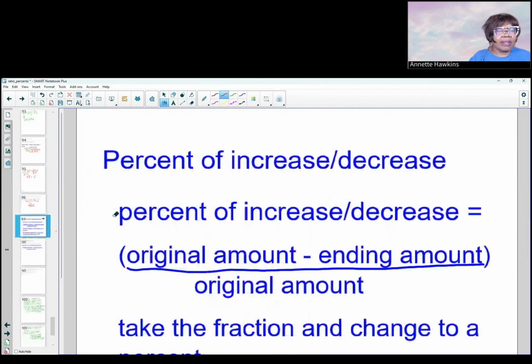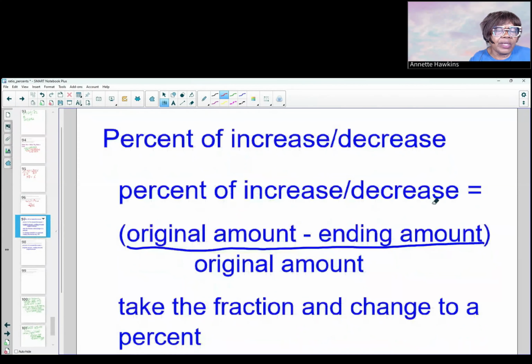All right. The last thing we want to look at is percent of increase and decrease. Okay. So the percent of increase or decrease is equal to how much is the increase or how much is the decrease over the original amount. Now to find out the increase or decrease, you're going to subtract original minus ending. If it ends up to be a negative on top, that means it was a decrease.